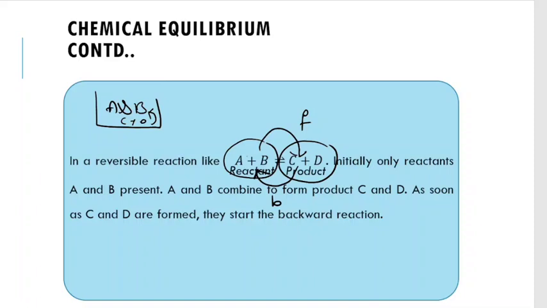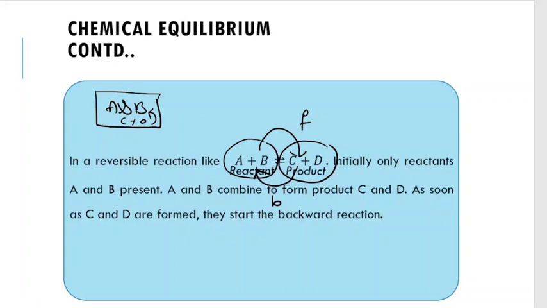Once again, the forward reaction rate, with the consuming of A and B, the reactants, slowly decreases. Simultaneously, the concentrations of C and D products are increasing. That means they convert into reactants with more velocity. That means the backward reaction rate increases simultaneously in a closed vessel.